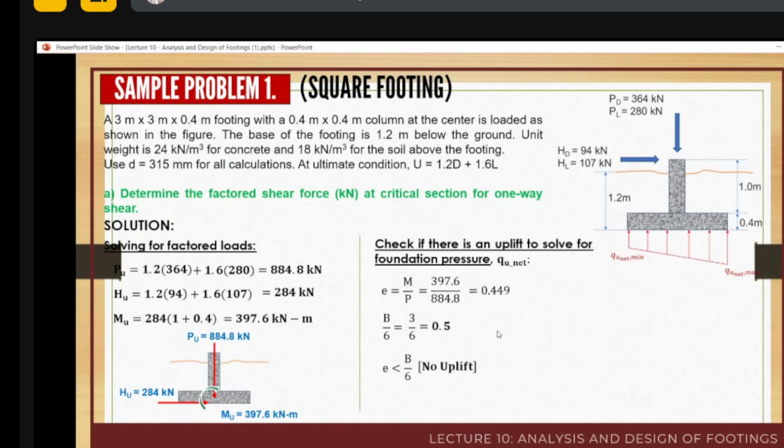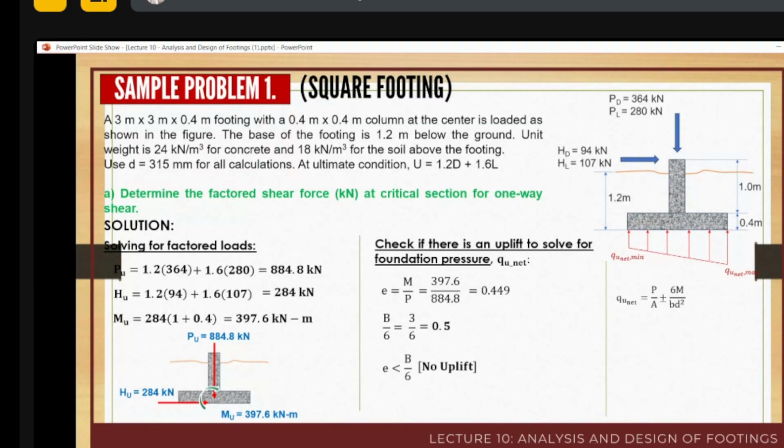So then our b over 6 is 3 over 6, the width divided by 6. So that's 0.5. If we check, if you recall in our previous foundation uplift, we need to check b over 6.